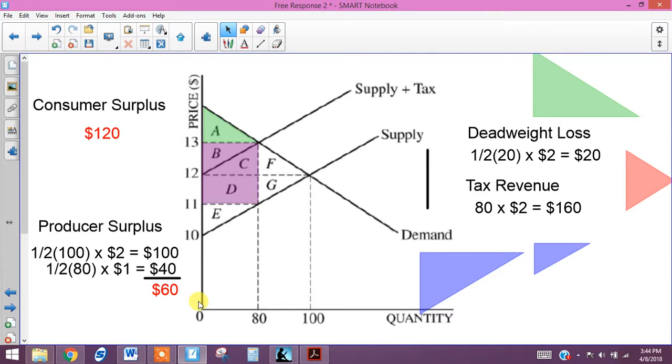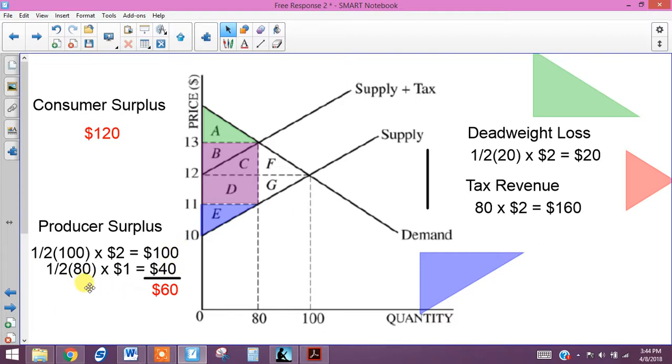The after-tax producer surplus is going to be area E, and you can calculate that also because you've got dollar amounts here. You can also calculate the original triangle, which would be 1/2 times the base times the height. So the original producer surplus was $100, and you could put that in your answer.